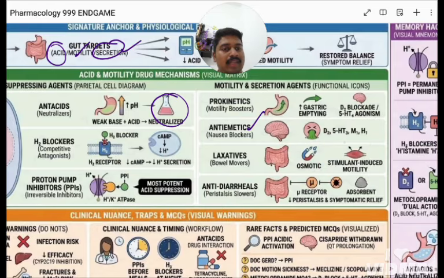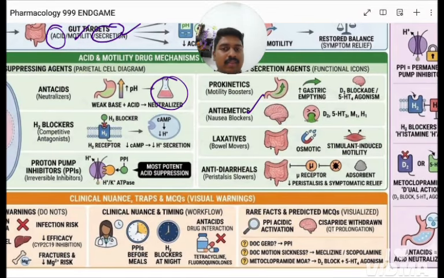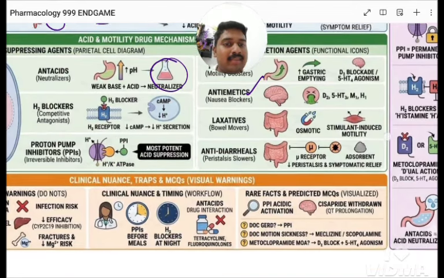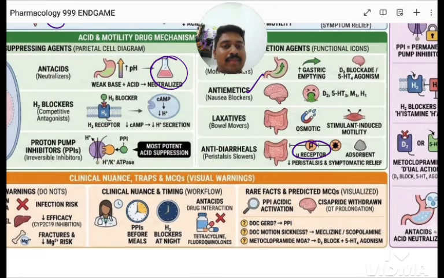Laxatives can be osmotic laxatives, and there are various other types of laxatives also. Here we have mainly considered osmotic laxatives, and stimulant laxatives which cause increased motility. Next are antidiarrheals which decrease peristalsis. The best example is mu receptor agonism, loperamide, which causes decreased peristalsis and symptomatic relief.